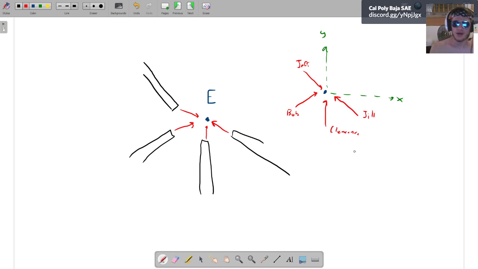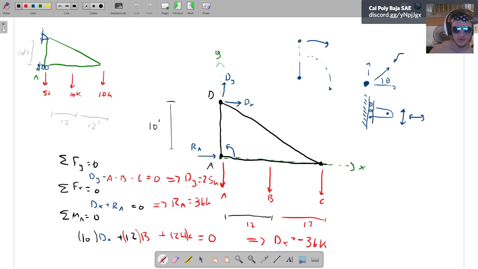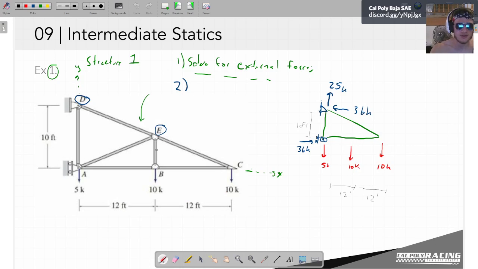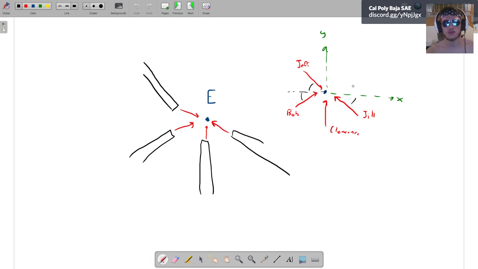So, let's do our sums of forces in X and Y. I'm going to assume that we know all of the angles for all of these things. If you go back to the problem description, you can do the trig. I don't want to do the trig, so I'm not going to do the trig, but those angles are all known. So, let's see. We have the sum of the forces in the X direction equals 0.